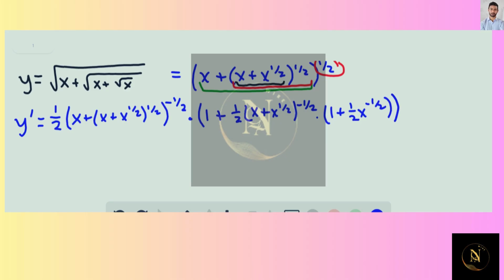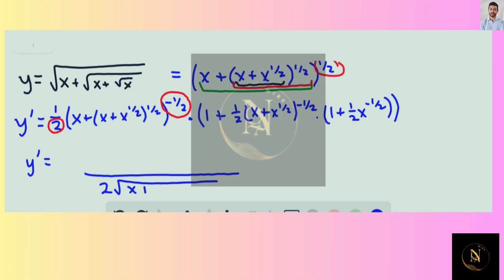So the next thing we want to do is simplify our answer and change things back into square root signs. So we have this 2, which is going to go in the denominator of the entire thing. And because this is to the negative power, it's also going to go in the denominator of the whole thing. And we're going to change it back to a square root sign. So all the 1/2 powers will be changed back to square root signs. So the denominator of the whole big answer is going to have a 2 in it.